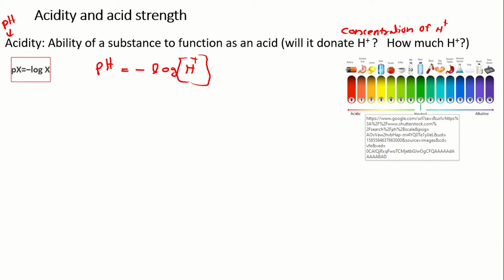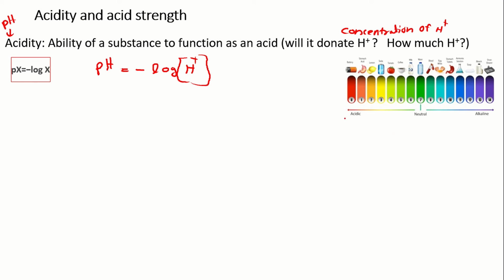Now in pH we have a scale from 1 to 14, and you can see there are certain everyday substances listed. Some of them can function as acids and some of them function as bases.